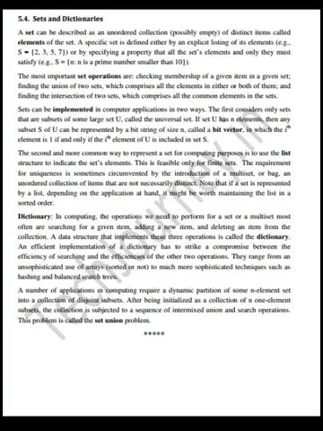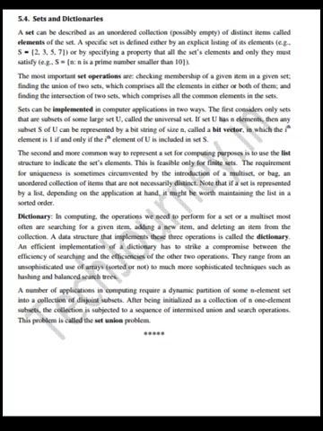Now let us see dictionary. In computing, the operations we need to perform for a set or multiset most often are searching for a given item, adding a new item, and deleting an item from the collection. A data structure that implements these three operations is called the dictionary.